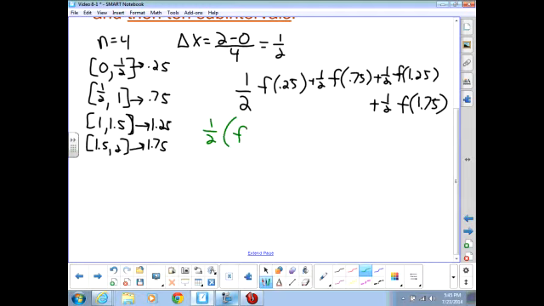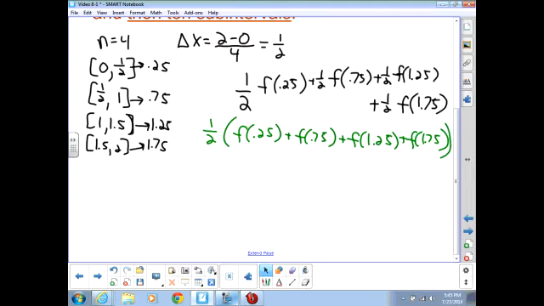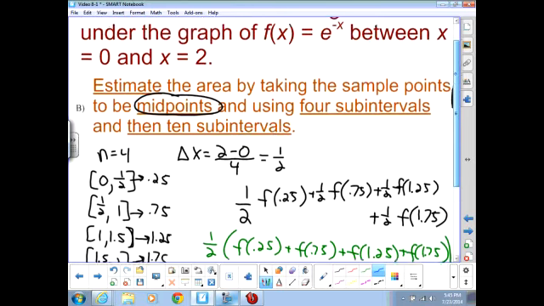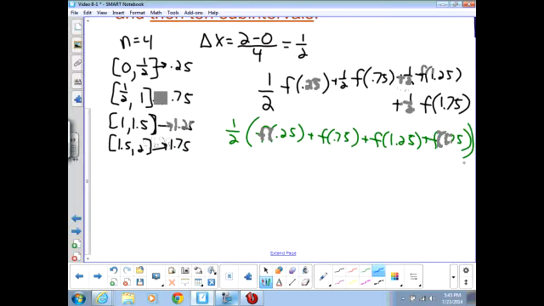So we just have f of 0.25 plus f of 0.75 plus f of 1.25 plus f of 1.75. Now, I am okay if you jump right to this green step. If you know that the width of each of the intervals, because it's going to be the same, is going to be pulled out, you can jump right to that if you would like. Now, our function was e to the negative x.